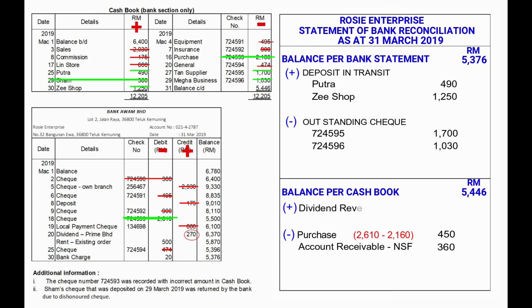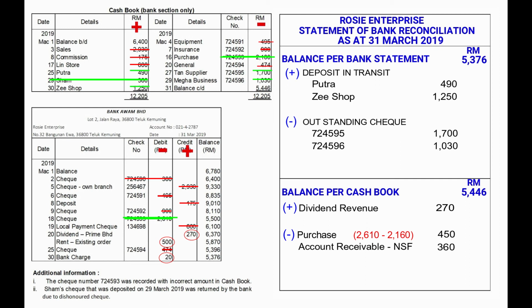Dividend revenue, that is 270 ringgit Malaysia. Items appearing in the debit side of bank statement but do not appear in the credit side of the cash book will be deducted from the cash book balance.